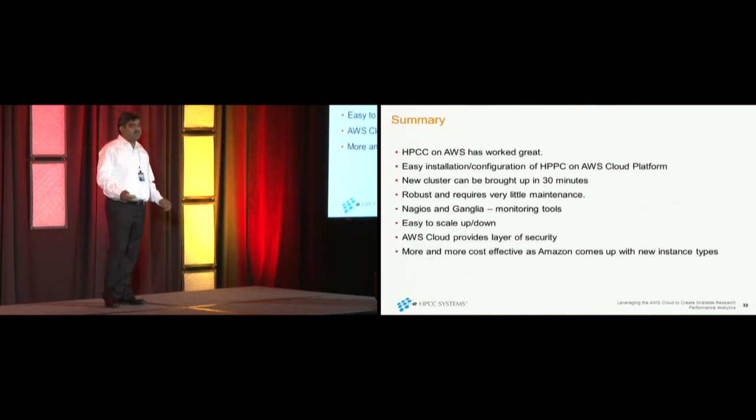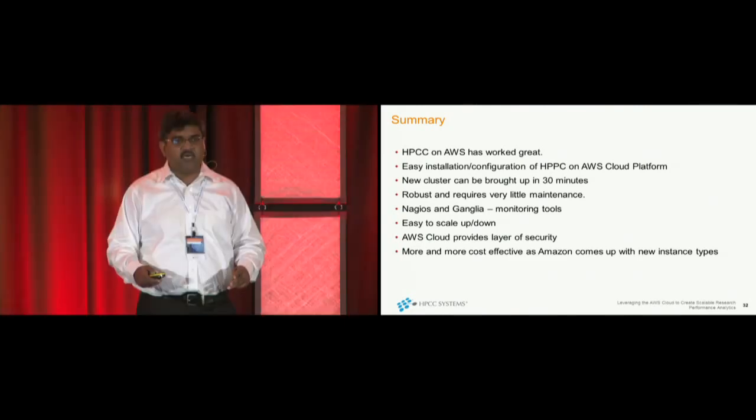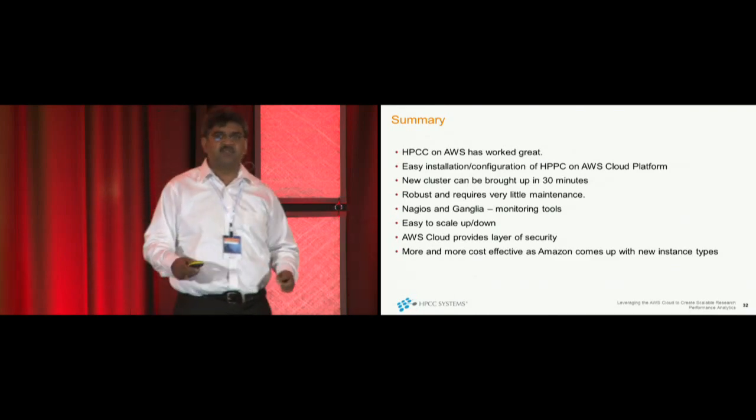So in summary, HPCC on AWS has worked great for us, and it is very easy to install and configure HPCC on the AWS platform. Using the CloudFormation template, we can easily bring up a Thor or Roxy cluster within 30 minutes, and it has been very robust and requires very little maintenance. Even though I talked about DR scenarios earlier, we have never faced one since we went live last November. Even instance loss happens very rarely.